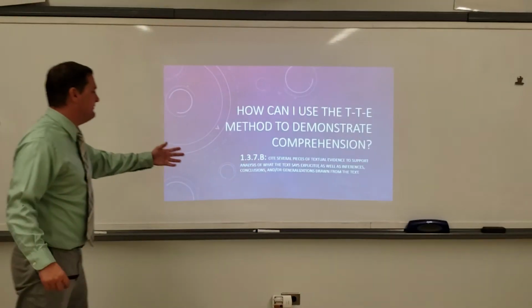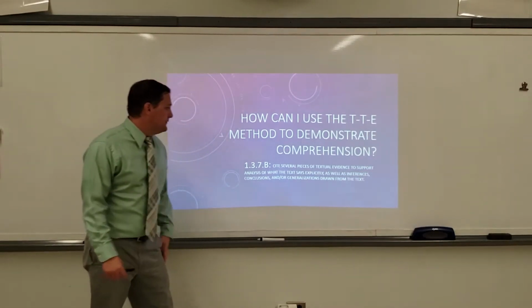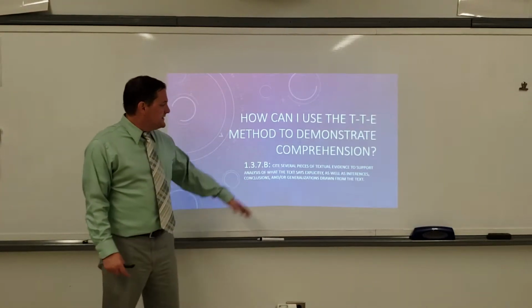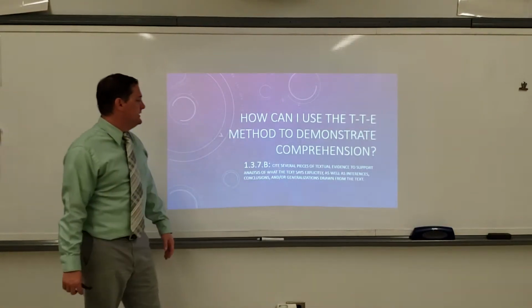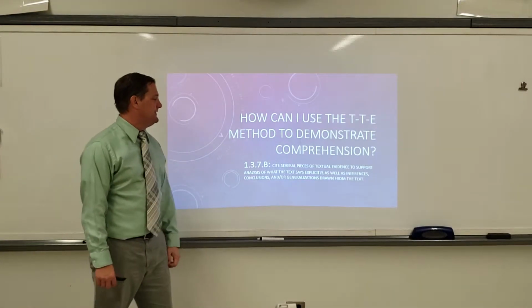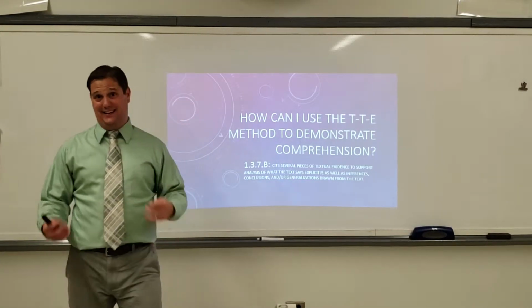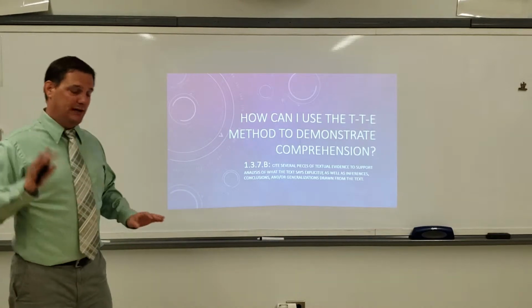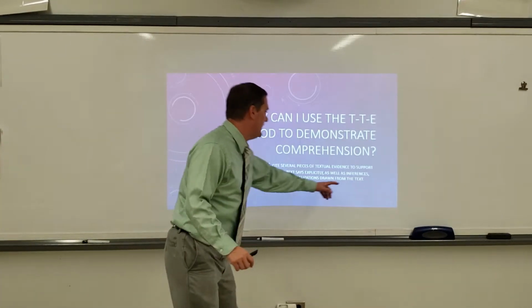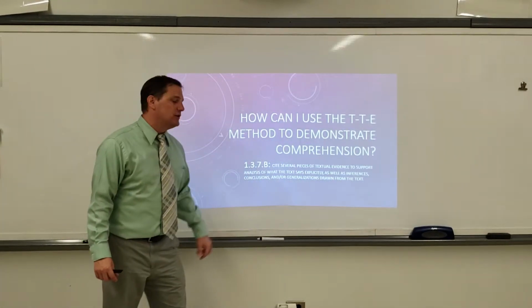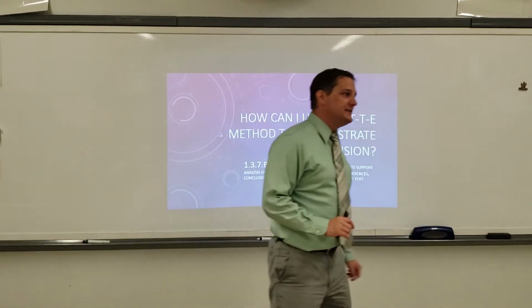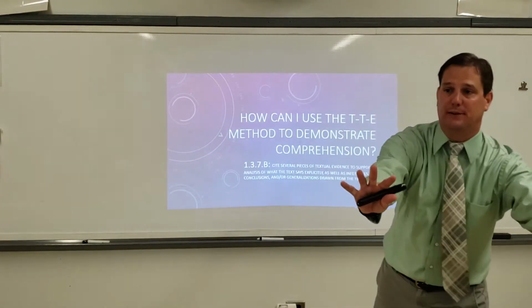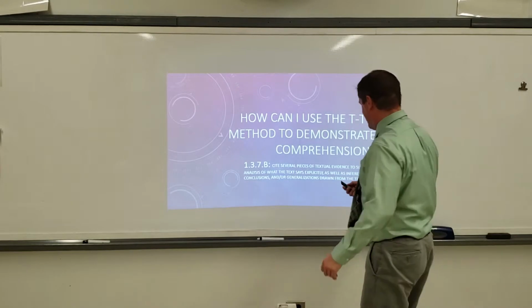Well, 1.37b, that's our specific alignment here. Cite several pieces of textual evidence to support analysis of what the text says explicitly. The two big words we need to make sure we use to fully extend would be inferences and conclusions. Inferences and conclusions.